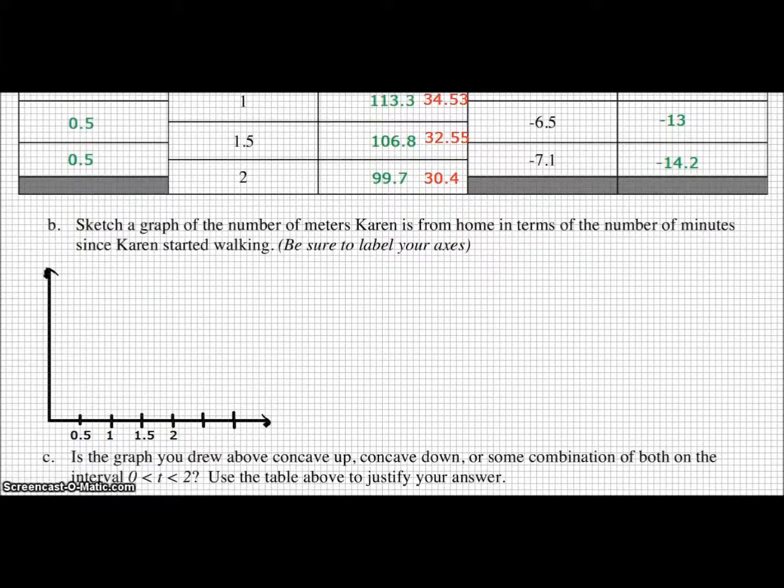Okay, so that gives me my time values. Could have made that scale bigger.